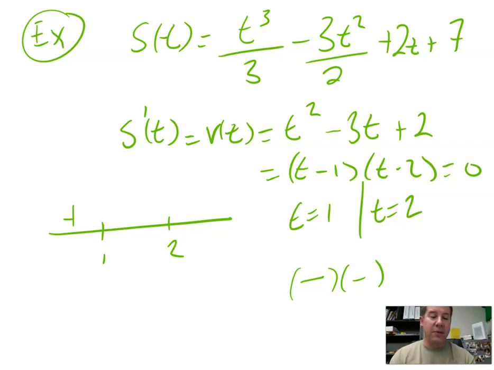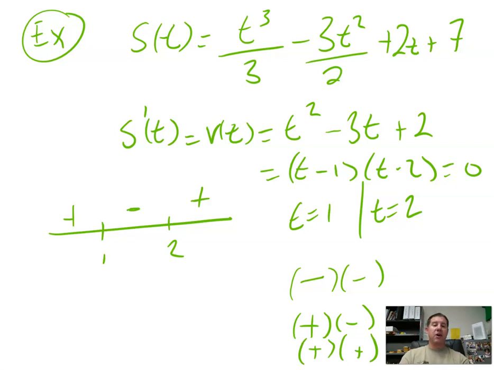Between 1 and 2, if I plugged in a number bigger than 1 but smaller than 2, like 3/2, I would get a positive here times a negative here. So that would be negative. And then if I plug in a number bigger than 2, like 7, I'd get a positive times a positive. So that'd be positive.